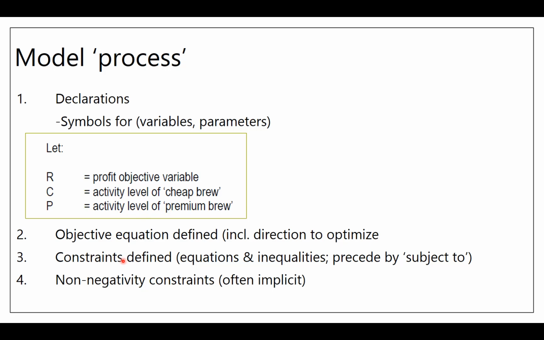The next step would be to define the constraints, and those are just the set of equations and inequalities that provide limits, so we don't produce these things without bound. We have limits on how much we can make, and those will be defined by the resource constraints. We always precede this by "subject to," so there has to be some signaling in the algebraic problem.